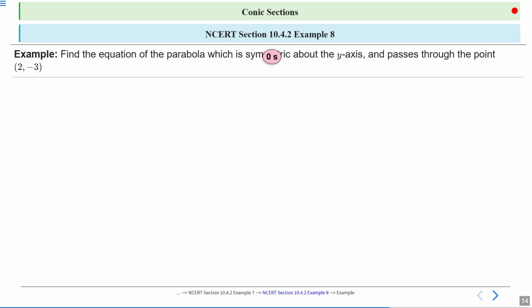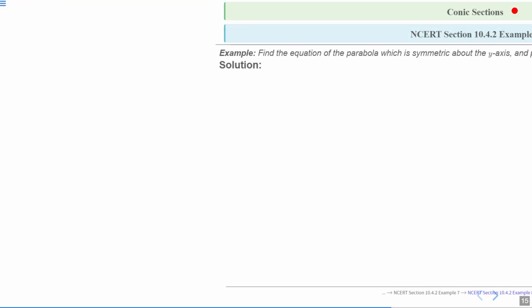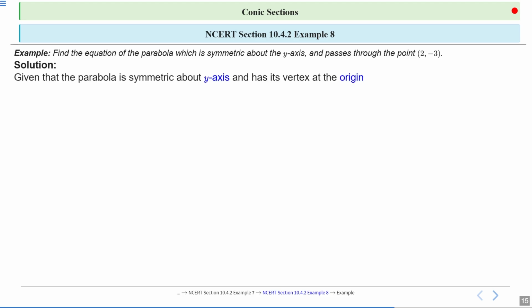Okay students, now we will solve this example. Given that the parabola is symmetric about the y-axis and has its vertex at the origin, the equation of the parabola is of the form either x square equal to 4ay or x square equal to minus 4ay.